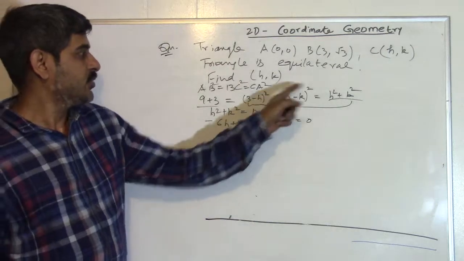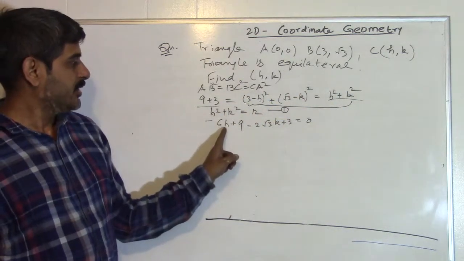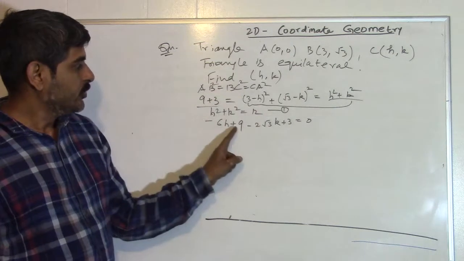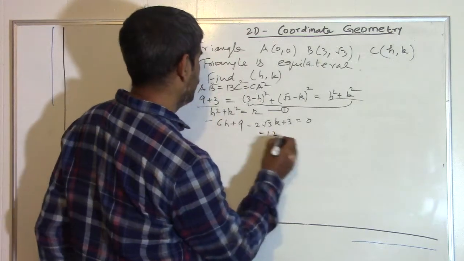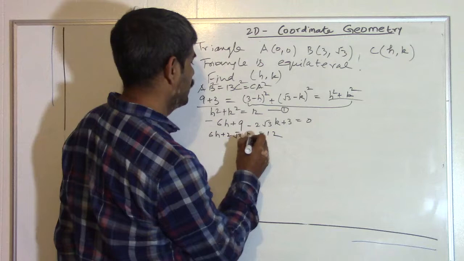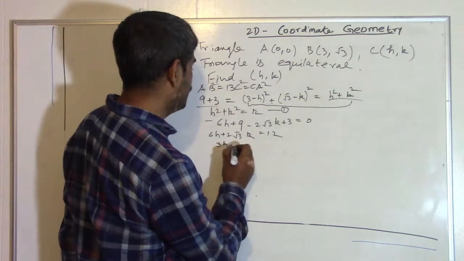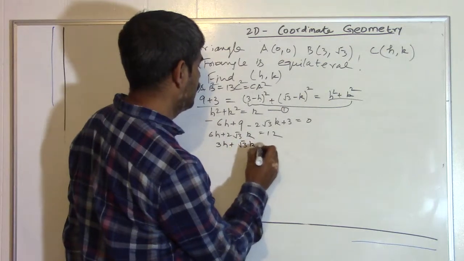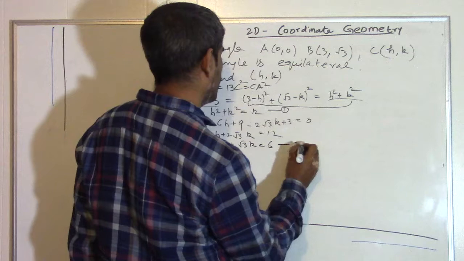And from here, 12 is equal to 6h plus 2 root 3k, just divide by 2, 3h plus root 3k is equal to 6. This is equation number 2.